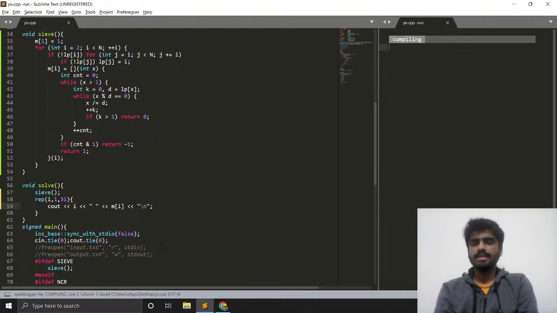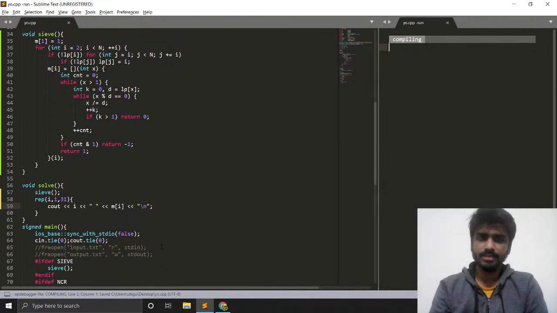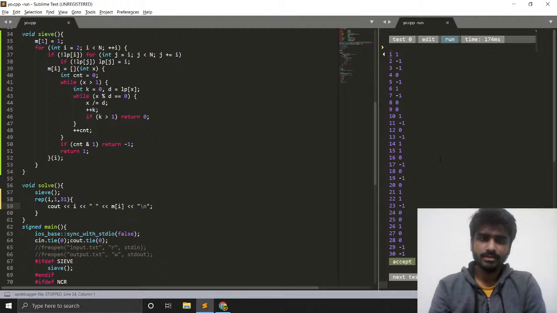So the Mobius function is a multiplicative function. It helps us do inclusion-exclusion. Yeah, I think it's fine.